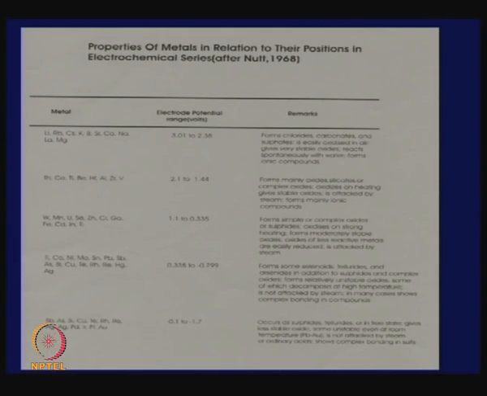We can make some general statements such as the following. Highly reactive metals, which are characterized by factors such as high electrode potentials and high negative free energies of formation of compounds, occur in nature as simple compounds very often.